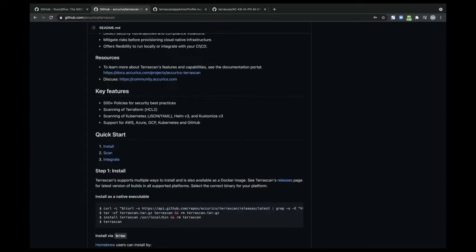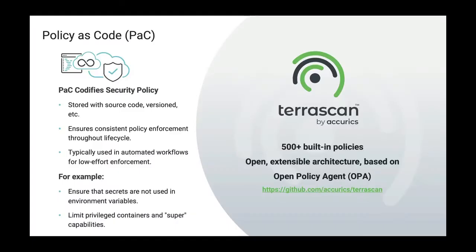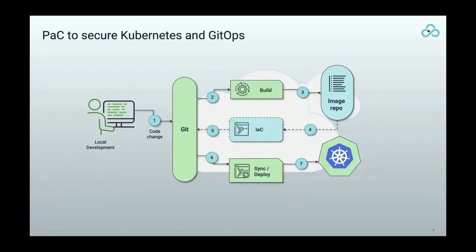So let's also go ahead and understand how this whole policy as code with OPA can help us secure our GitOps pipeline. In order for us to implement policy as code for a given Kubernetes and GitOps-based environment, we have opportunities available to do that at several different stages.